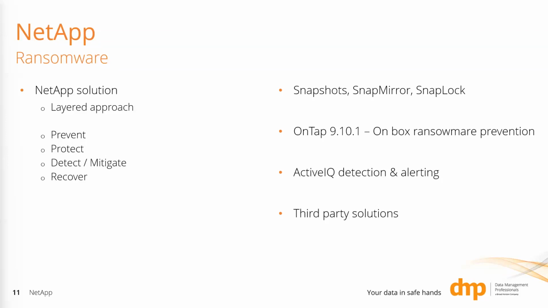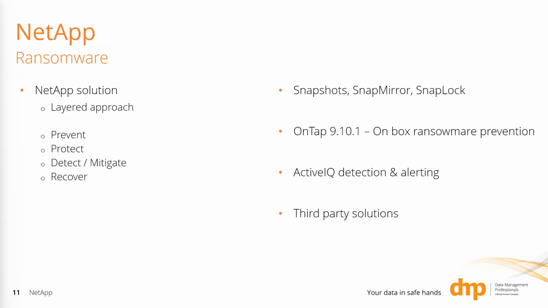To go a bit further, you can mirror the data and the snapshots to another system. We'll go into much more detail of the Snap Mirror protocol in a bit. And if you mirror your data, you can also lock your data for a certain amount of time based on your retention needs.